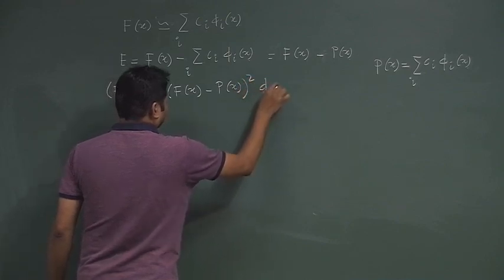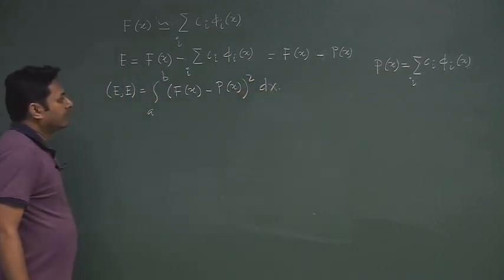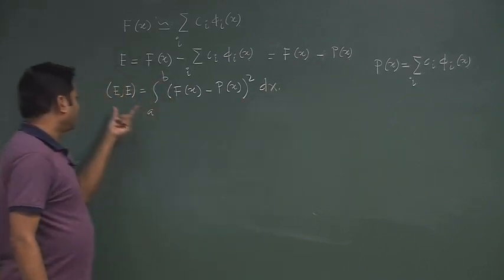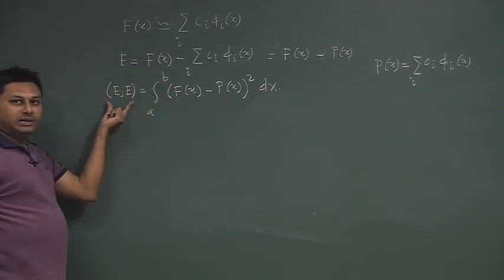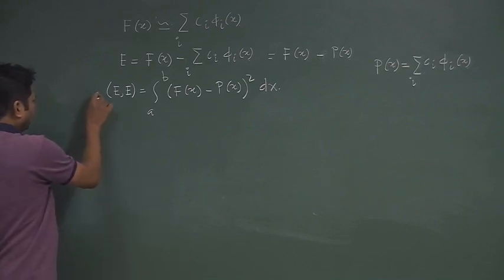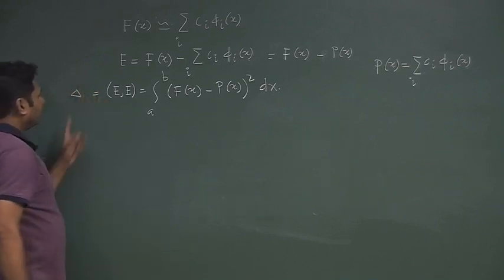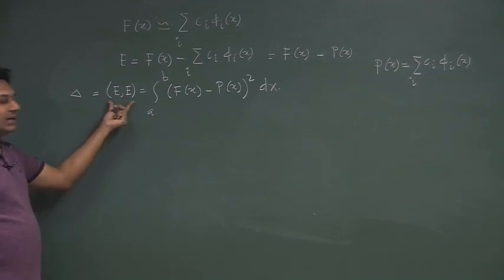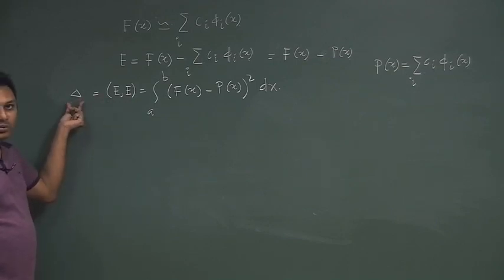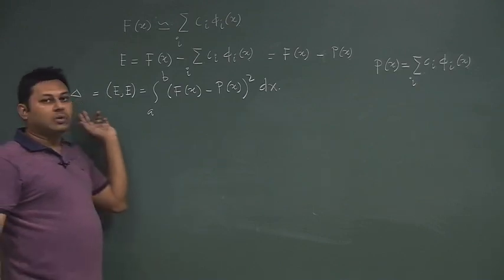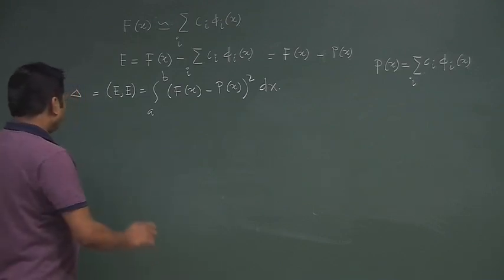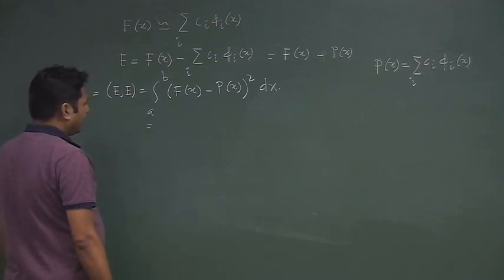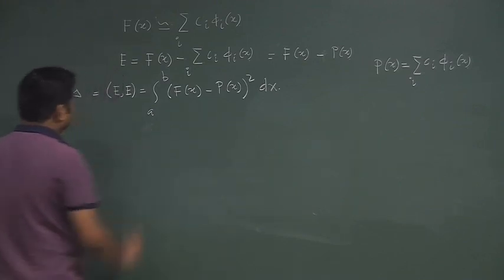This quantity I call delta, which is a number. This delta is the inner product of the error function, that means delta gives me the value of the norm of the error function. If I do that, then the right hand side I will have this.